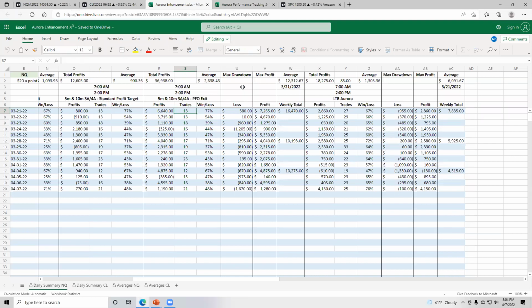You can see what the max drawdowns were. The only data we have right here, just because of the way the spreadsheet is configured, is what the max drawdowns are when we're trading the 5-minute, 10-minute, holding for the PFO exit. Here's the max drawdowns. That's the same format that we have for the tracker that we've been using.